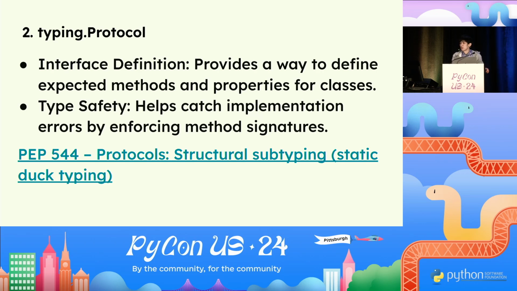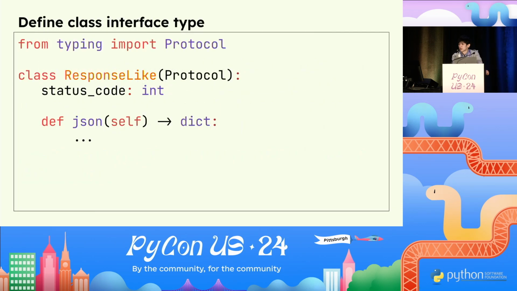Next, typing Protocol lets us define an interface for typing. Let's check the example. This example defines a response-like object. This object has a status code with the int type.